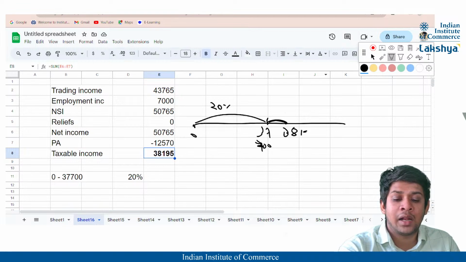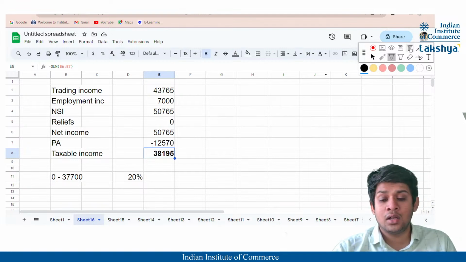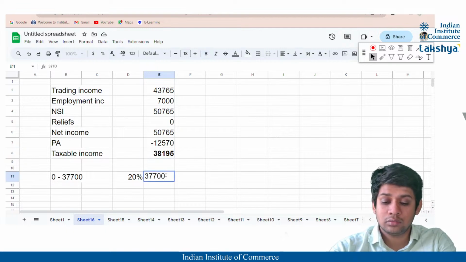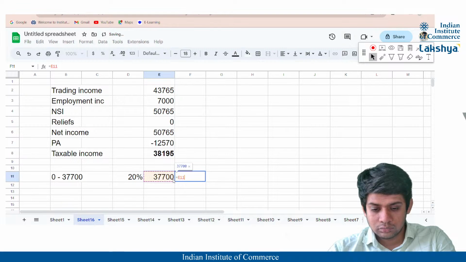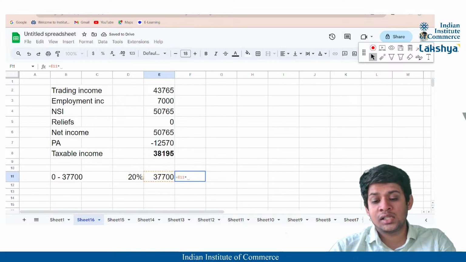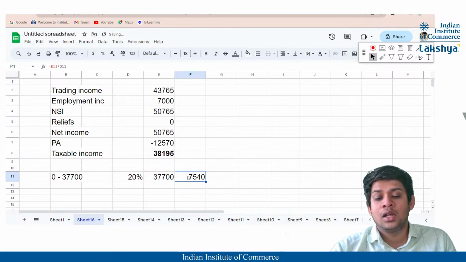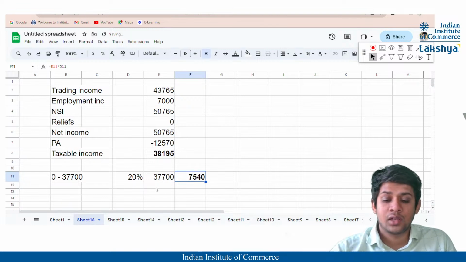On this portion it will be 40%, because it is exceeding 37,700 annually. Till 37,700, the tax liability will be 37,700 into 20%, that is 7,540.